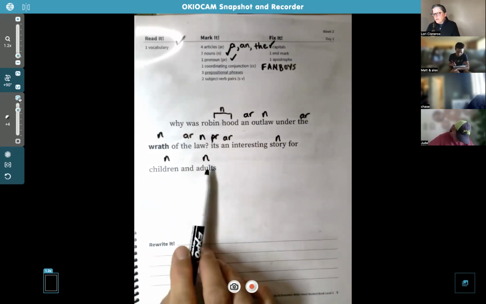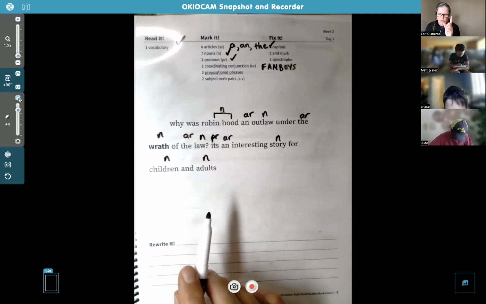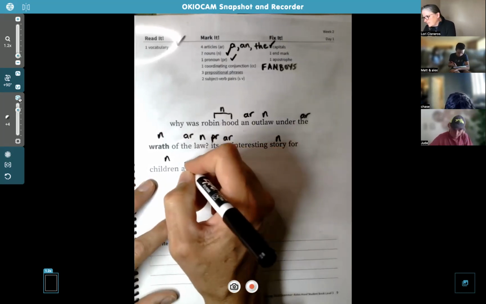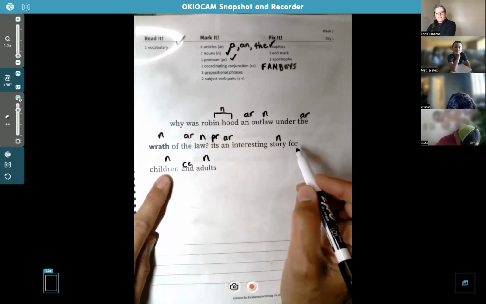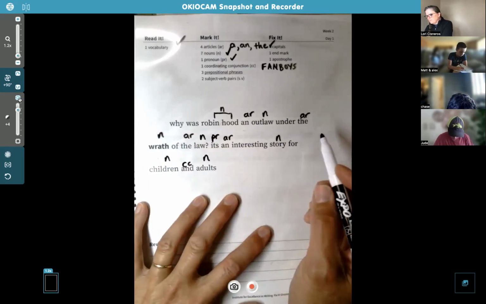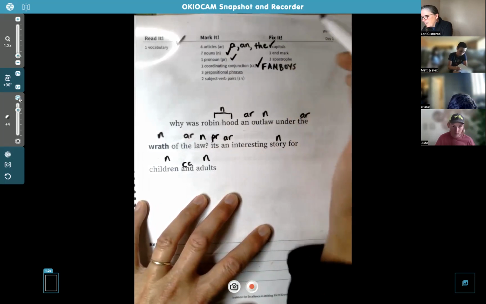And is connecting 2 nouns right here. You see that? Children and adults. So for does throw people off sometimes. So it was a good guess, Chase. Right here, though, it's and because it's connecting the 2 nouns. For has another function in this sentence, so it's not a coordinating conjunction. Okay. Put a check by that.